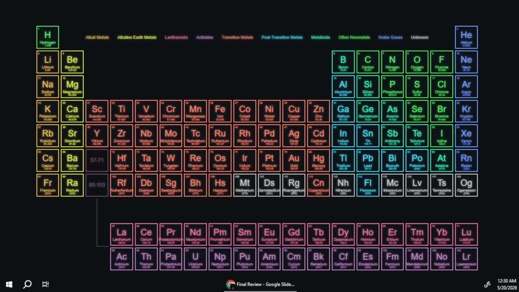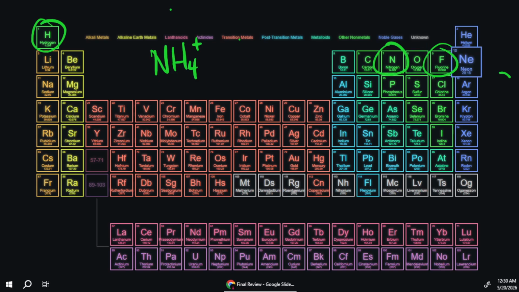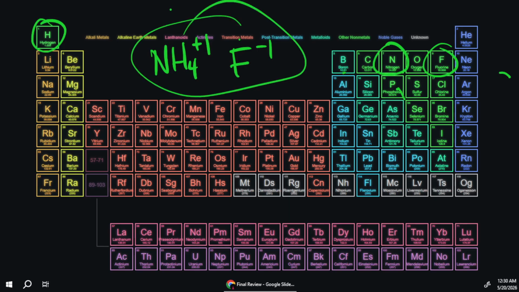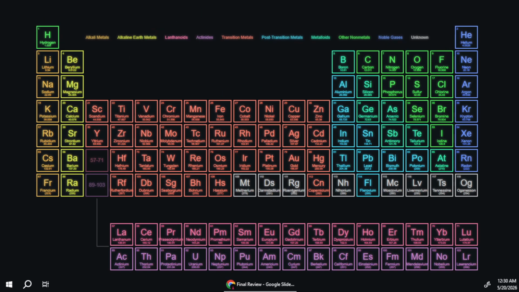Something like NH4 will have a positive 1 charge, and N is nonmetal, H is nonmetal, and by having that positive charge, I can bond with something like fluorine with a negative charge, right? So they can bond together and still have no metals in there, but those are special.